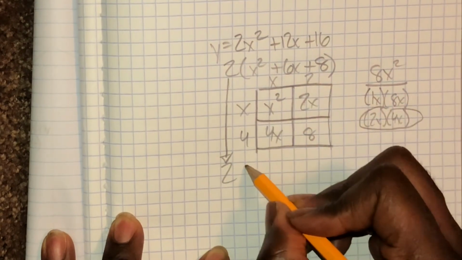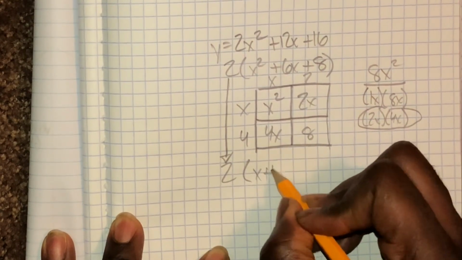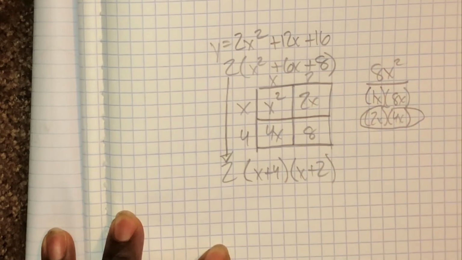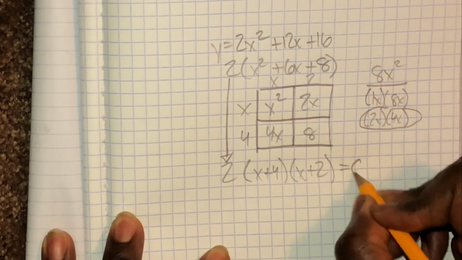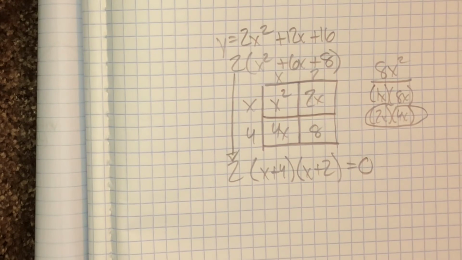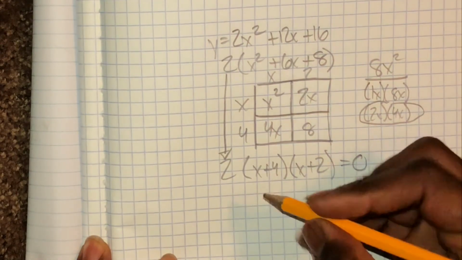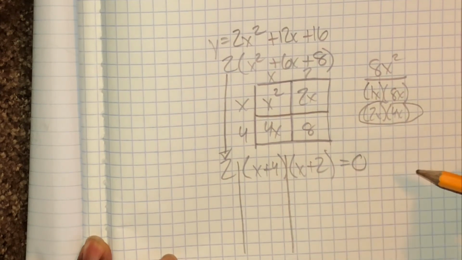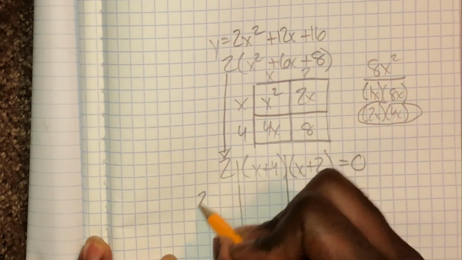So my other two factors are x plus 4 and x plus 2. We're going to set all of this equal to 0, because that's how we figure out what our solutions are. So we split all of our factors up like so and set them all equal to 0.